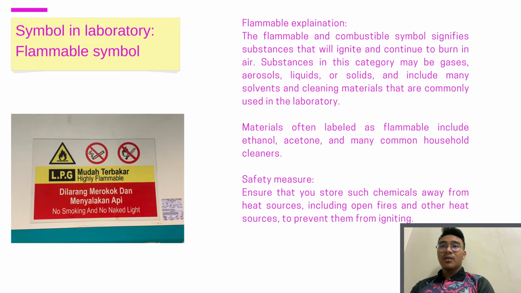Materials often labeled as flammable include ethanol, acetone, and many common household cleaners. For the safety measure, ensure that you store such chemicals away from heat sources, including open fire, to prevent them from igniting.